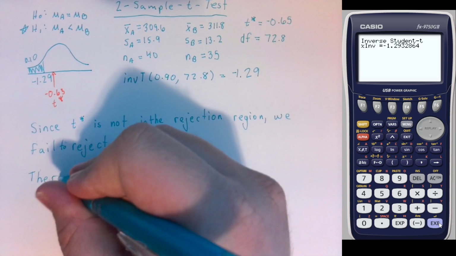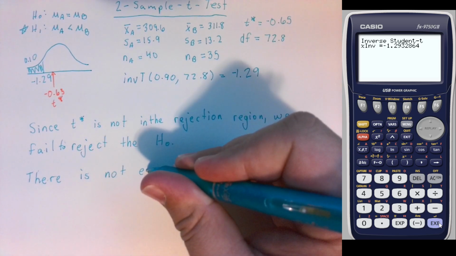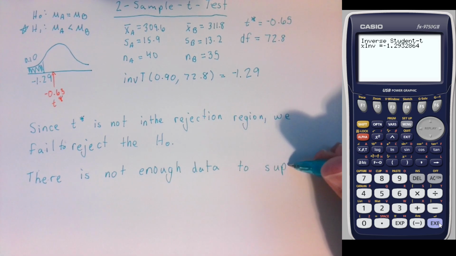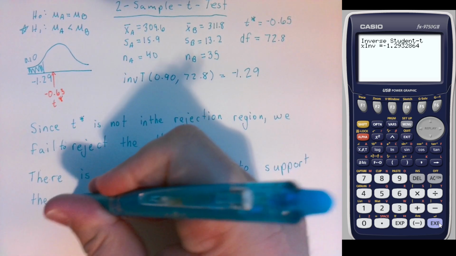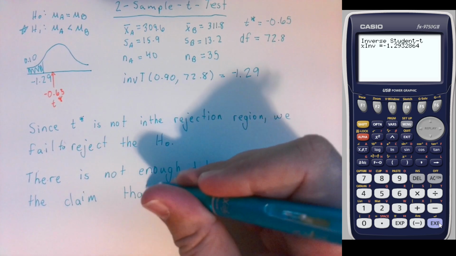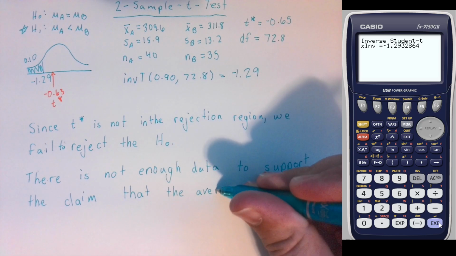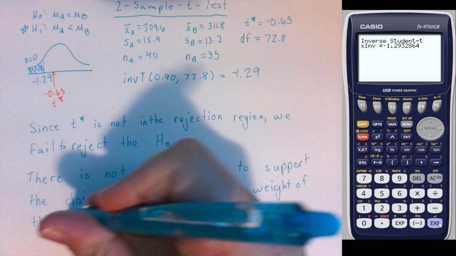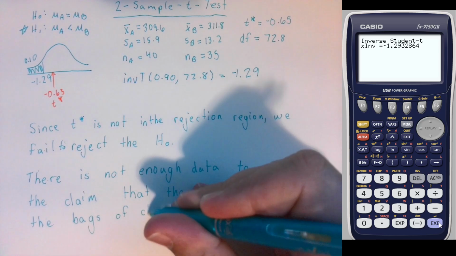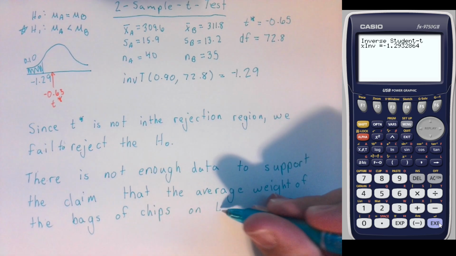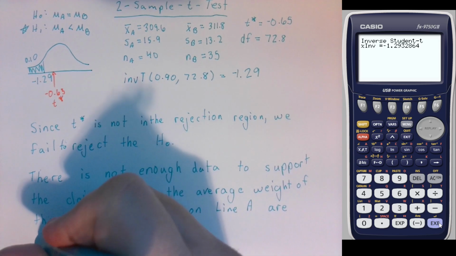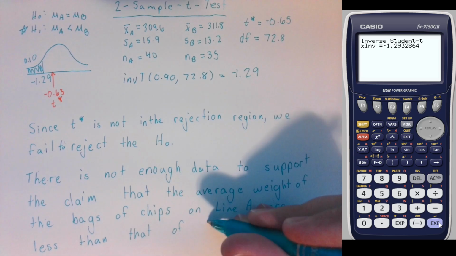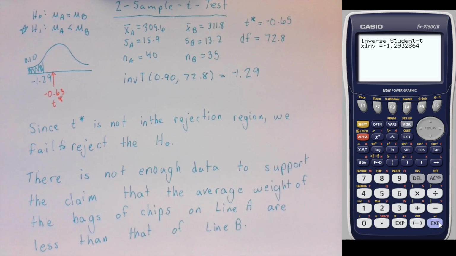Thus, there is not enough data to support the claim that the average weight of the bags of chips on line A are less than that of line B. That is it for example 3.